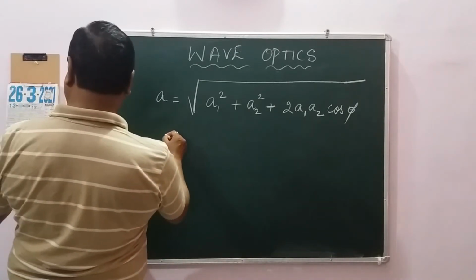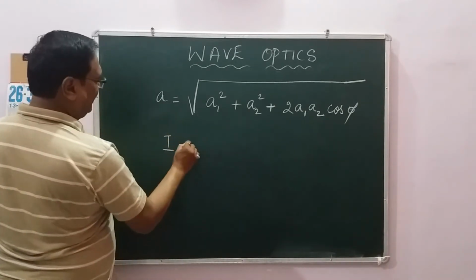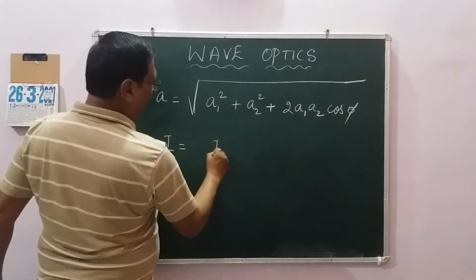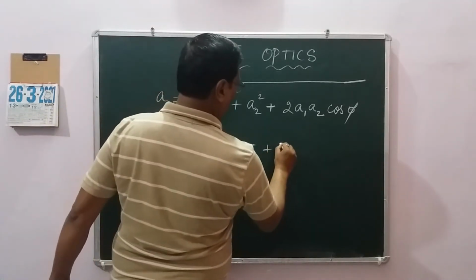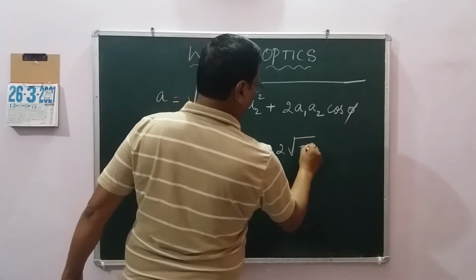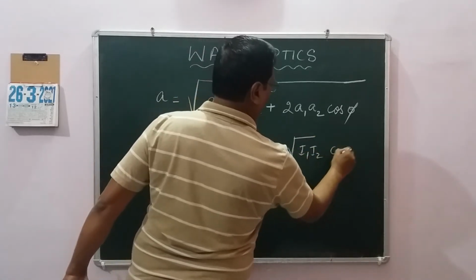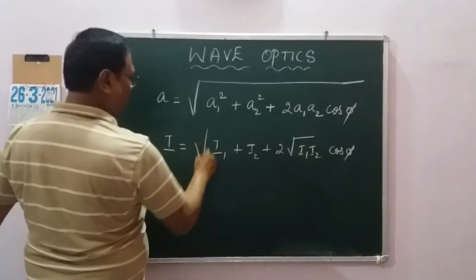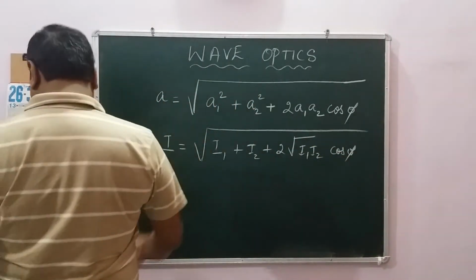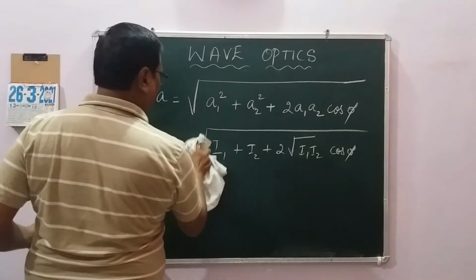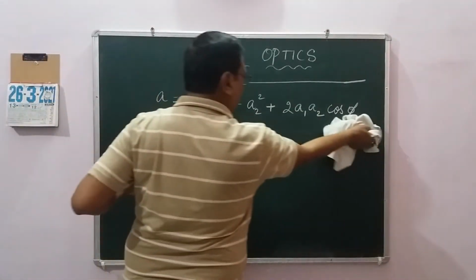Or if you want it for intensity, you can simply write I is equal to root I1 plus I2 plus 2 root I1 I2 cos phi and the whole root. Just wait 1 second please. You don't need the whole root here because this I1 and I2 is nothing but the root values.